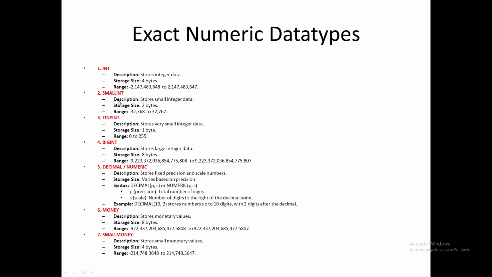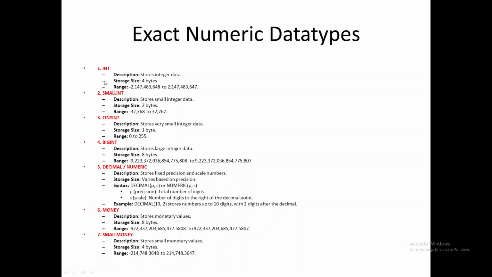Then the next one is small int. If we have a requirement that our numbers will fall between minus 32,000 and plus 32,000, then that will come under small int. Then tiny int: if we have a number with a range starting from 0 to 255, then we need to go with tiny int.